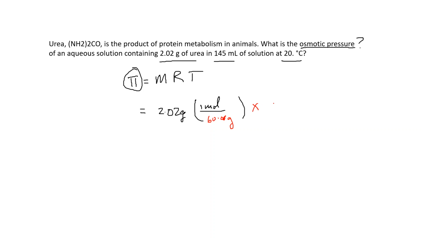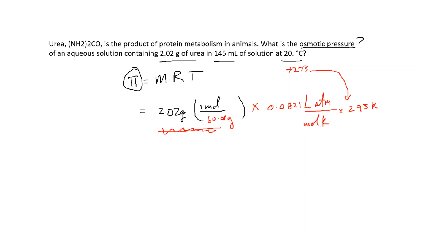And then I'm going to multiply that by R, which, as I said before, is 0.0821 liters atmospheres over mole Kelvin, multiplied by the temperature, which is expressed in degrees Celsius, but we need it to be converted to Kelvin, so we have to add 273 to that, and that becomes equal to 293 Kelvin.